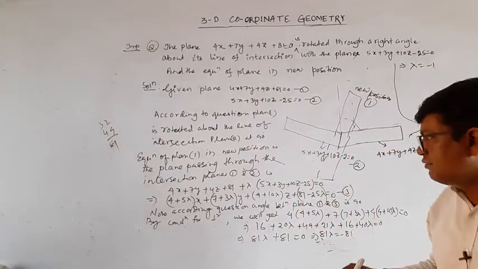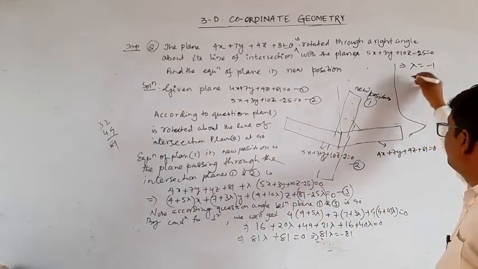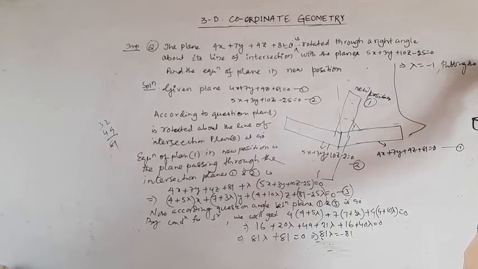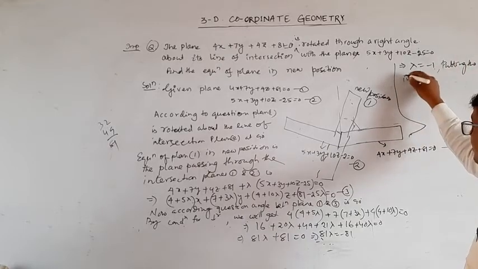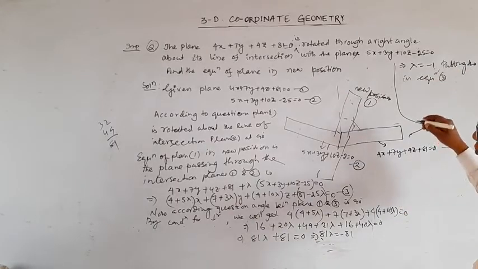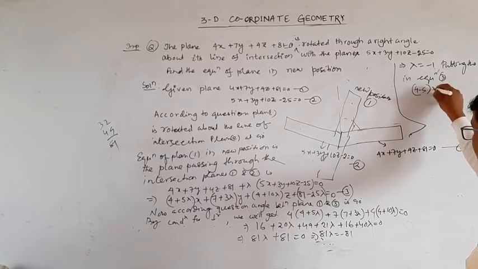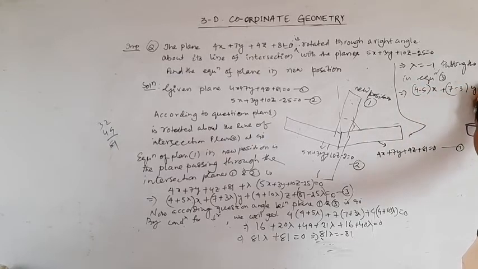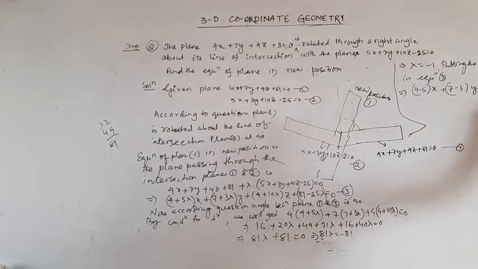Putting the value of lambda in equation 3, we get 4 minus 5 into x, 7 minus 3 into y, 4 minus 10 into z, and 81 plus 25 is equal to 0.